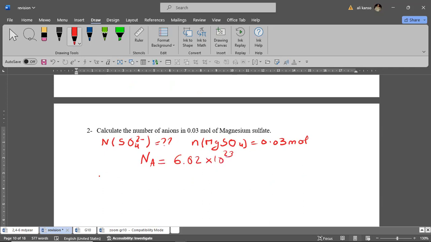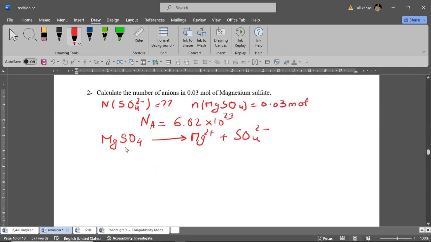First, the ionized form of magnesium sulfate: no need to ionize it, but to simplify the question, Mg2 plus and SO4 2 minus. Here we can write a relation between the ions.